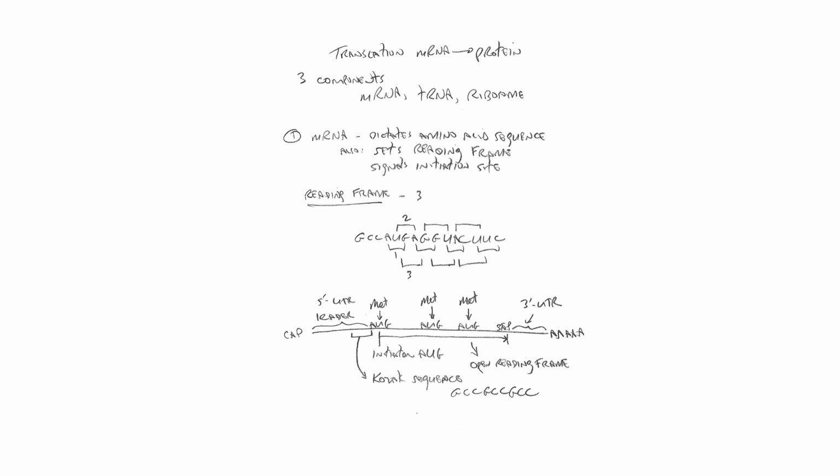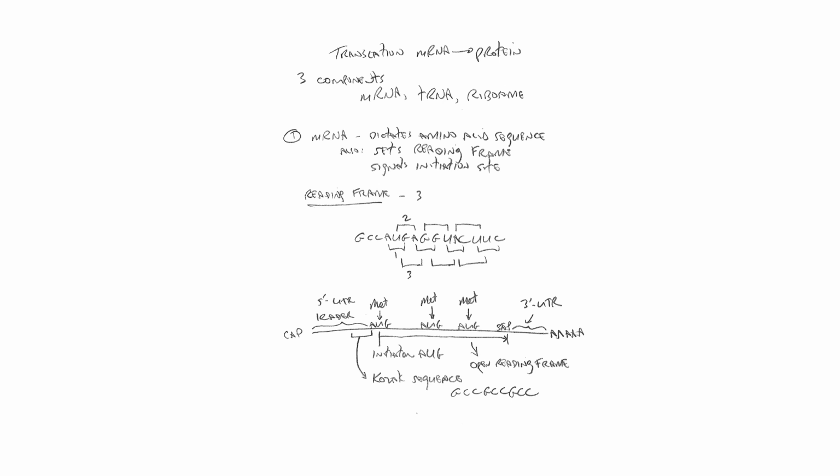Now, if you notice, the first AUG is not at the very beginning of the message. And in fact, the stop codon is not at the very end of the message. So it's more towards the center of the message. And the sequences that border the start codon and the sequences that border the stop codon are called UTRs, untranslated regions.